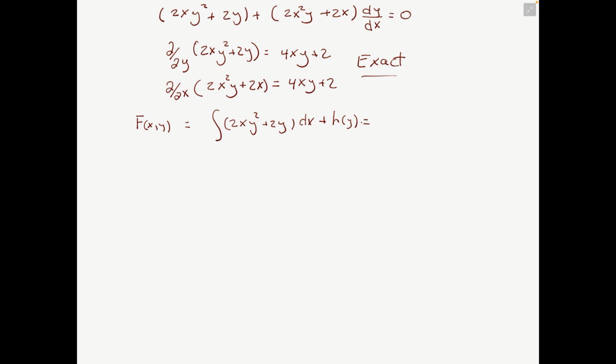So they're exact. And there's a solution. So what we do, we've got the integral of 2xy squared plus 2y dx plus h of y, and that's equal to x squared y squared plus 2xy plus h of y.